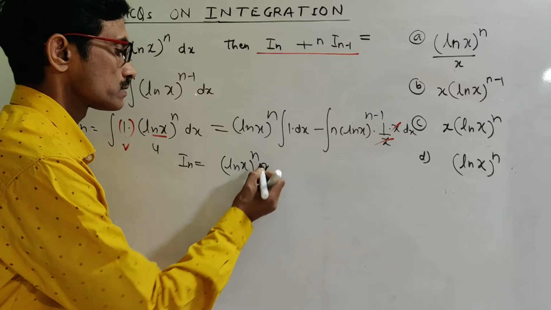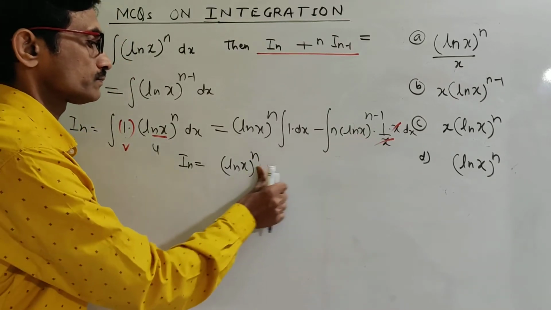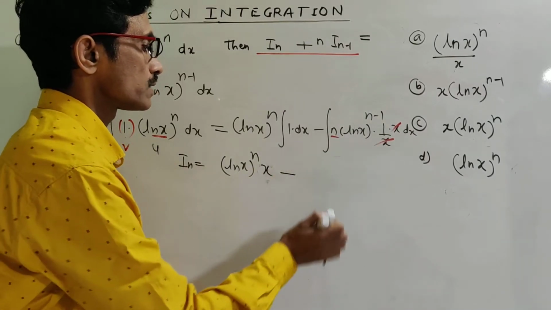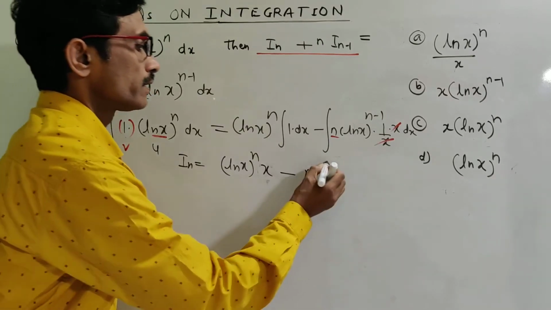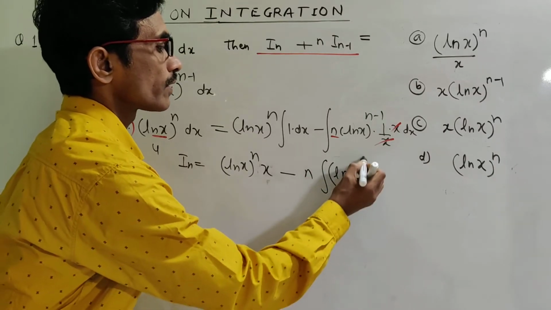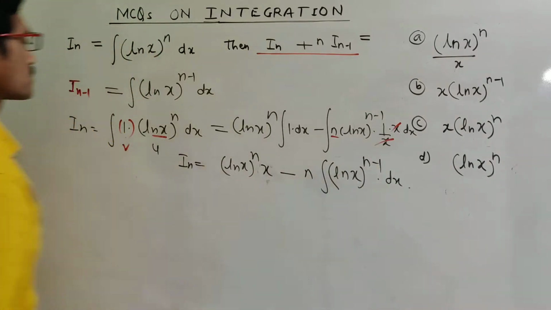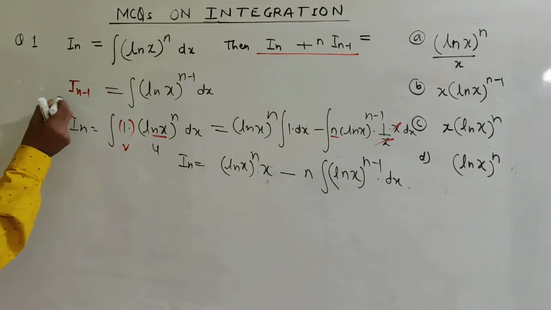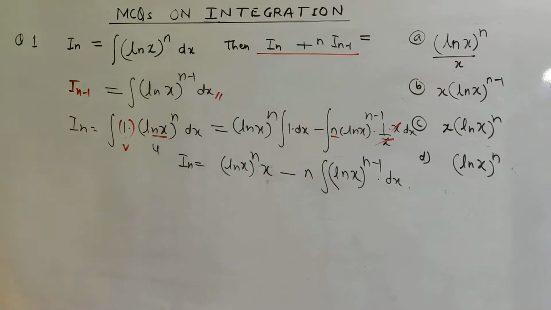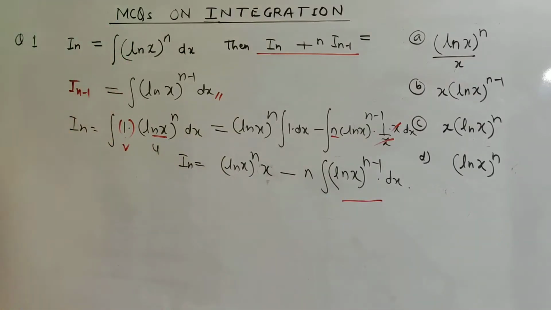So integral 1 dx we write x, minus this n constant we write outside, the integral of (log x) raised to power n minus 1 dx. Now as we said, I_(n-1) is the integral of (log x) raised to power n minus 1 dx. So in place of this we'll write I_(n-1).